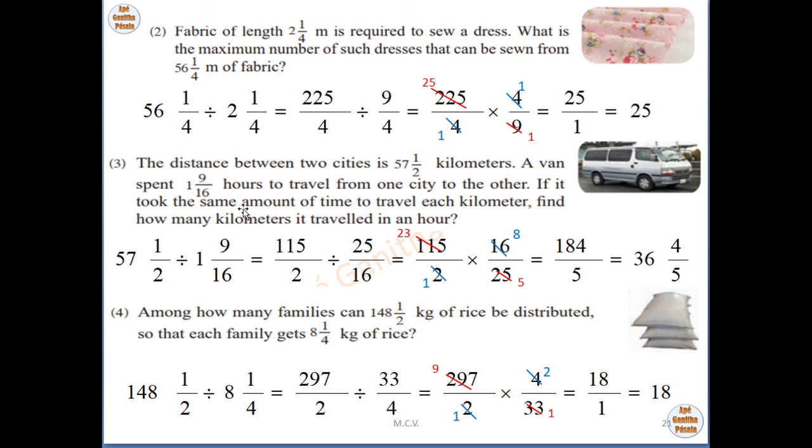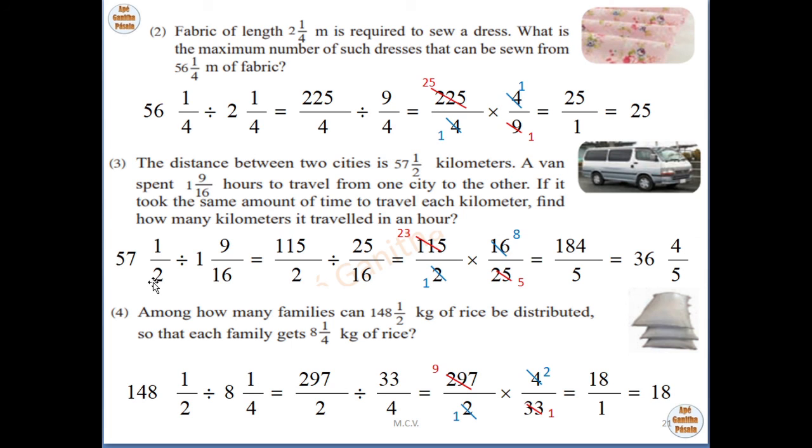So, you want to find the distance traveled within 1 hour. To travel 57.5 kilometers, it takes 1 and 9 over 16 hours. So, divide 57.5 by 1 and 9 over 16. Both are mixed numbers.